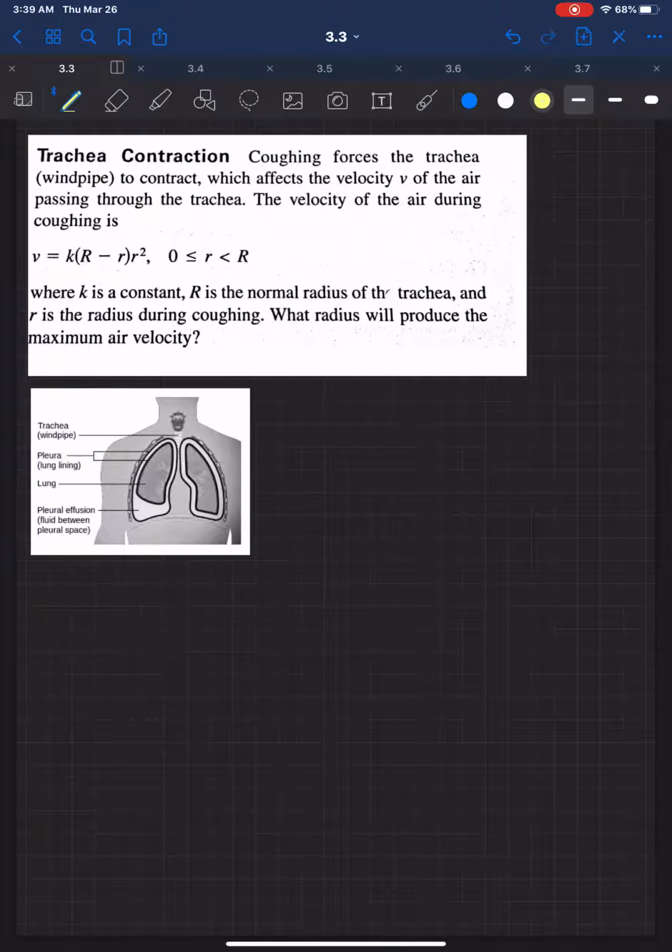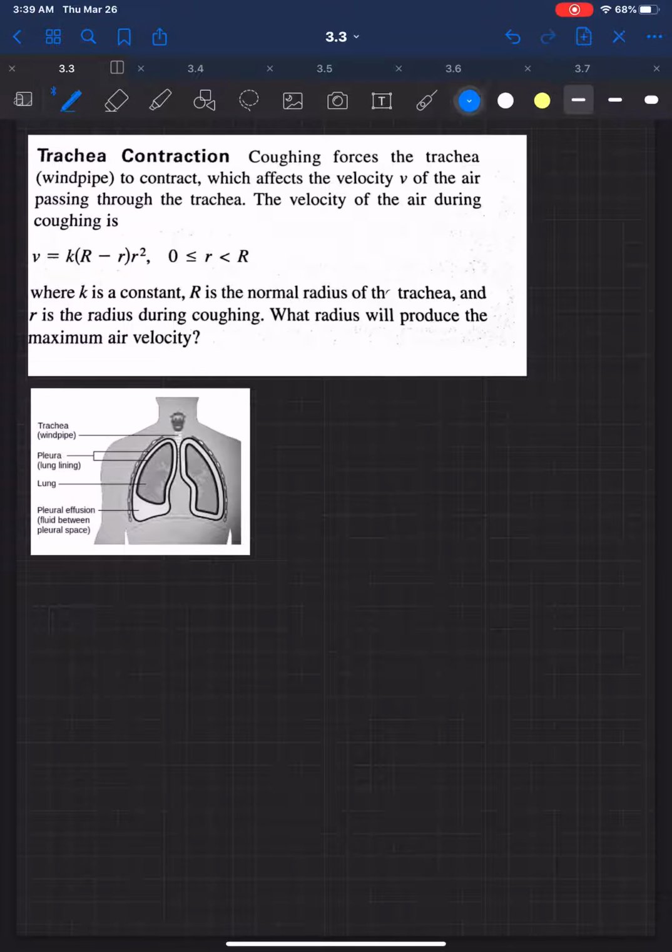So we're going to discuss the contraction of a trachea. Let me read. Coughing forces the trachea, the windpipe, to contract. Now, this affects the velocity of the air passing through the trachea.